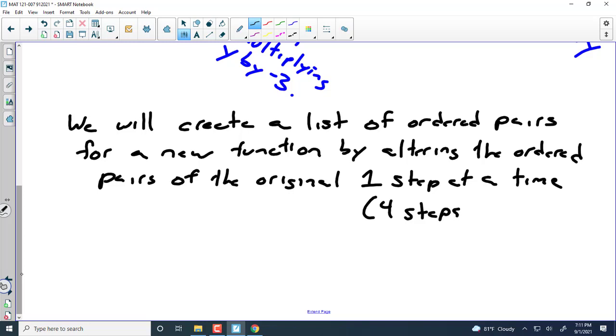This will take 4 steps at most. The most we'll have to do is 4 things.